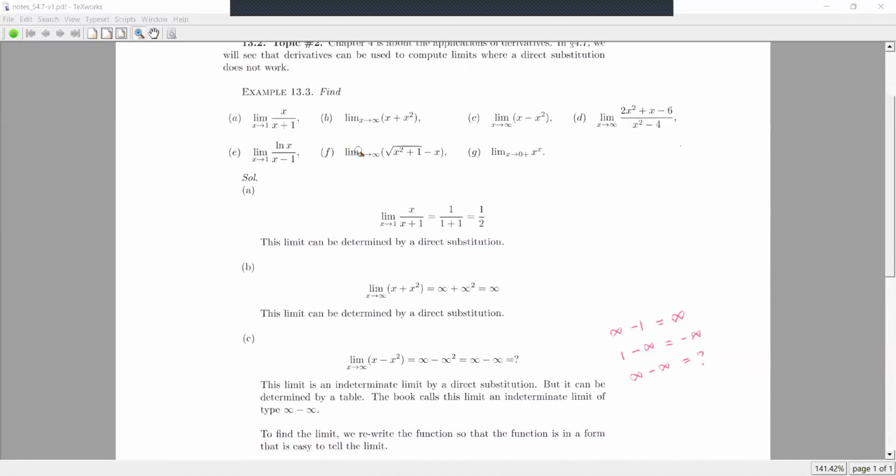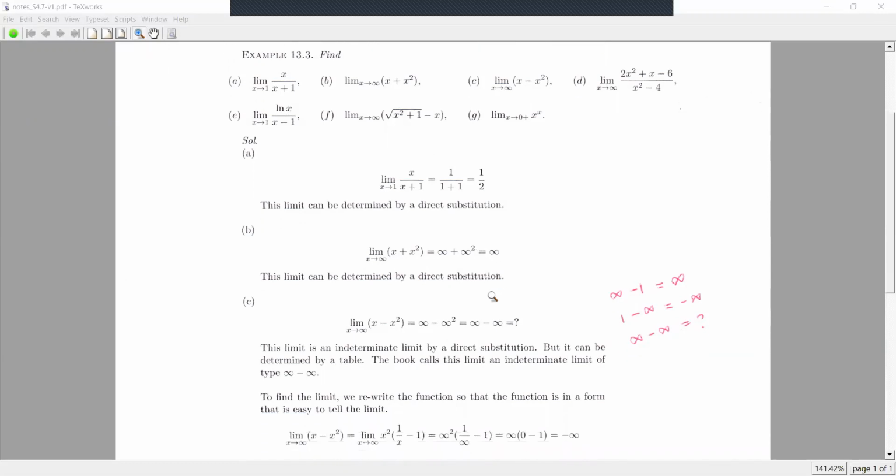Now B. When x approaches infinity, what number will this function approach? I directly plug in infinity for x, then I get infinity plus infinity squared, it should be infinity. So this limit is also easy to tell. Easy limit.